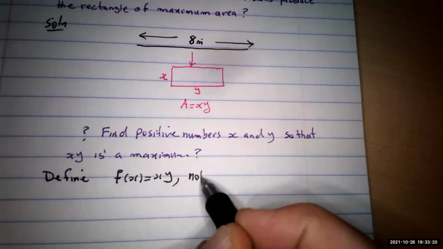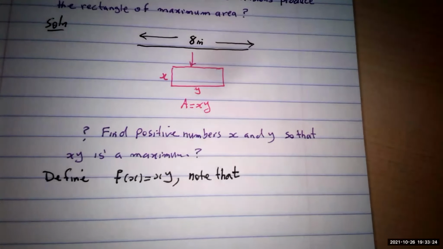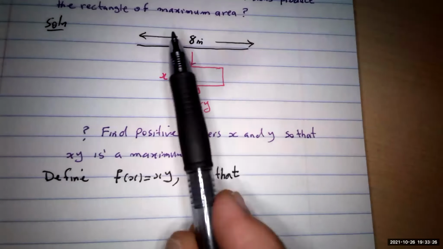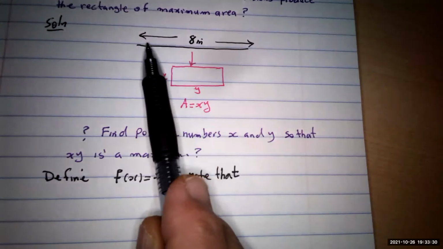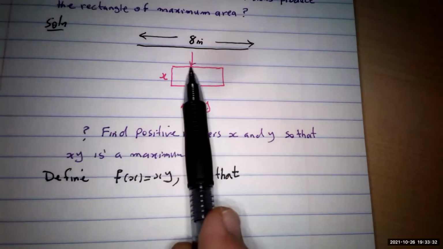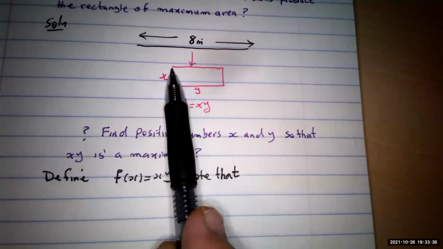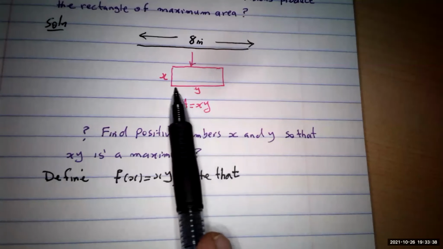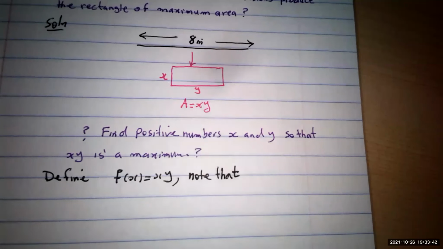Any suggestion? Remember that 8 is the total wire, and what we did is bend that total wire into a rectangle. So can you think about a relationship between x, y, and 8? Any suggestion?